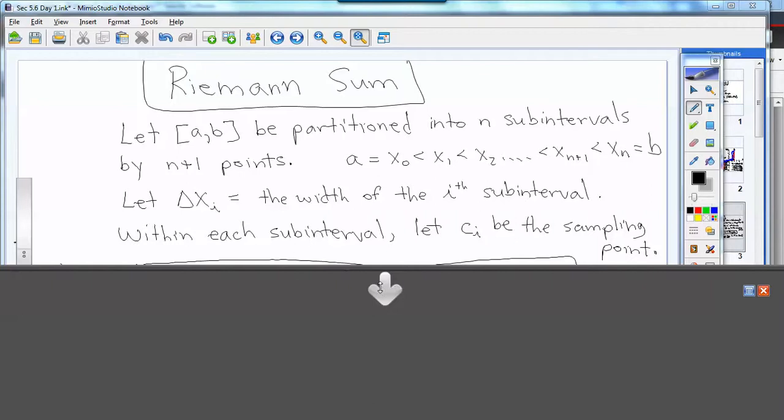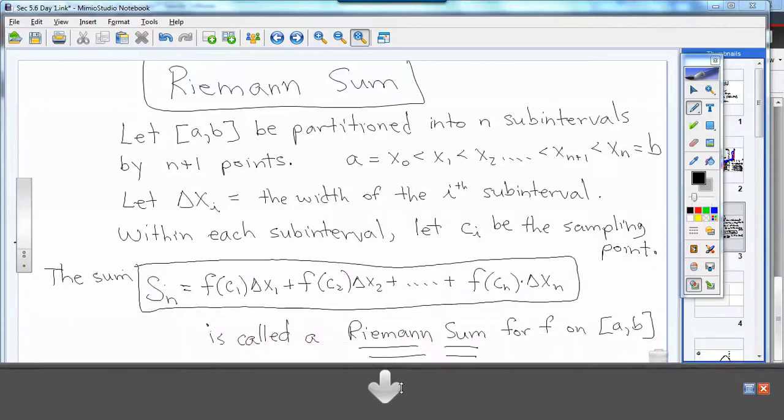Okay, well then, if that's all the case, then this sum is called a Riemann sum because, of course, we're going to add them up, right? We're going to add up the rectangle areas. So that's why it's called a sum. So S sub n is a sum. So look what we got. F of C1, so that's our first sampling point. Could be the left edge, could be the right edge, could be the midpoint, or it could be some other one, but probably wouldn't be. We're going to pick some point in that first subinterval, plug it in, and get our height.